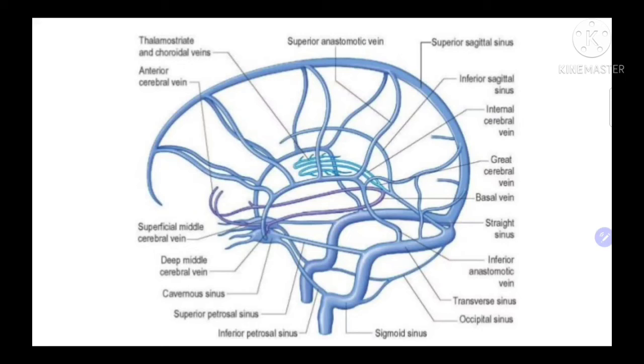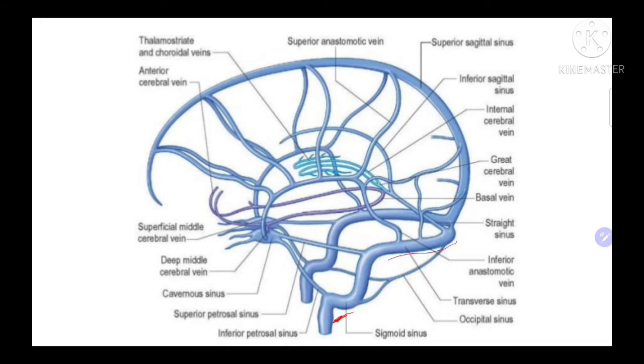So now we're going to talk about the transverse sinus or lateral sinus. You see here, these sinuses have their origin in the confluence of the sinuses, okay, and they extend laterally and then inferiorly, until they go to the jugular foramen, and they continue with the internal jugular vein.